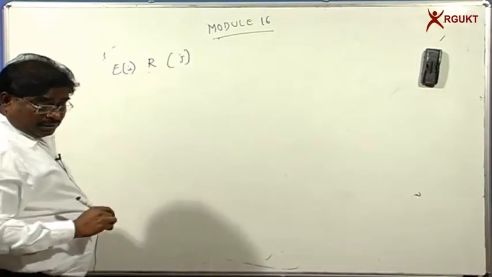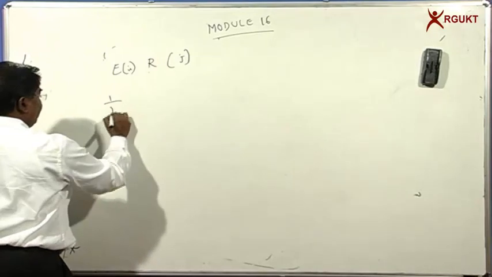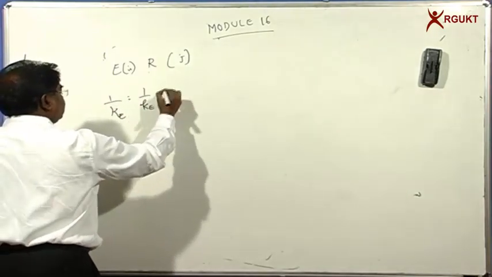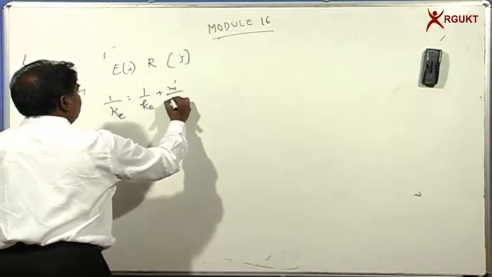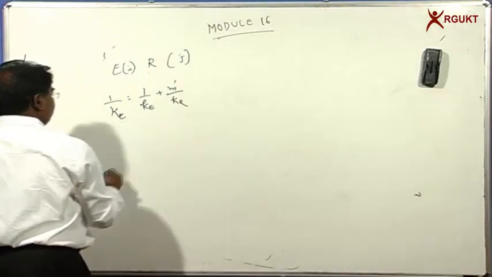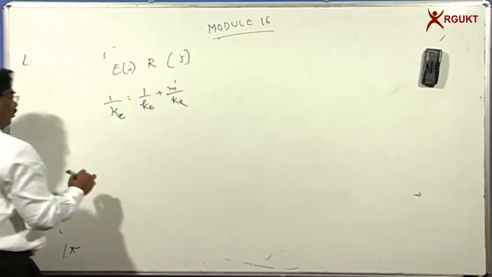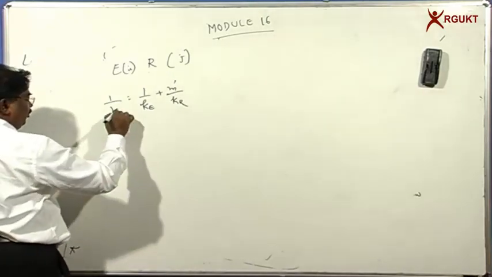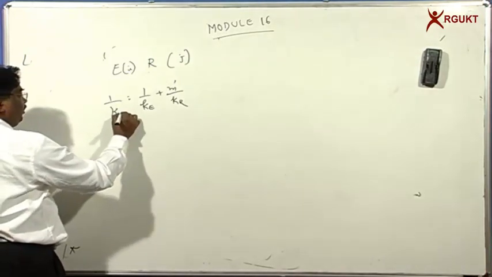And if that is the case, 1 by capital Ke is equal to 1 by small ke plus m prime by small kr. This is the overall resistance based on the E phase concentrations.